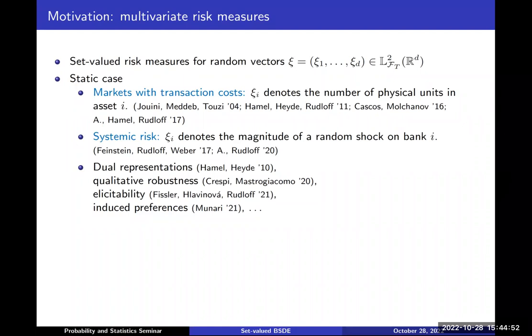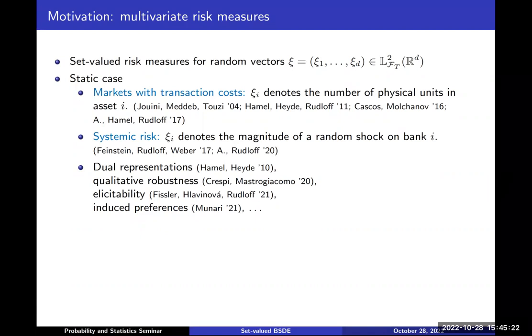Now that this is in R^d, I would like to find a capital allocation which is also in R^d. And I cannot really choose a minimum m for my C because we don't have a natural ordering on R^d. That's why the risk of C is now defined as a set of vectors.